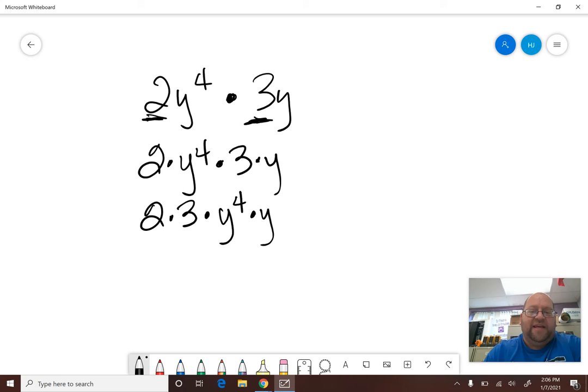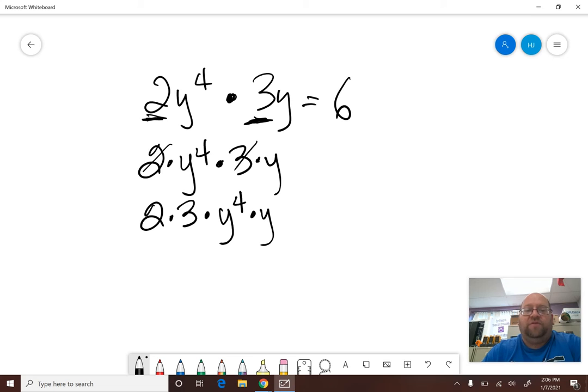It is perfectly legal to do that because the commutative property says that I can move things around. So I'm just going to take 2 times 3 first. So 2 times 3 would be 6. And then the only thing I have left is y to the fourth times y.